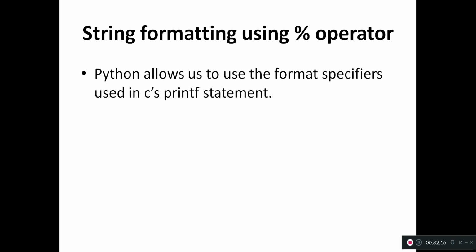In other words, we can say that it binds the format specifiers to the values. Now, we'll check an example so that you can understand this in a much better way.